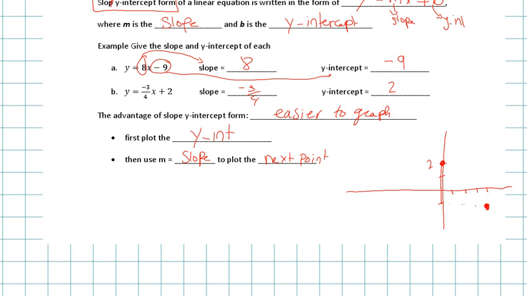And now I can graph my line. Okay? So start from the y-intercept, pause that, and then look at your slope and see what your slope is telling you and follow that. Are you guys okay with that?